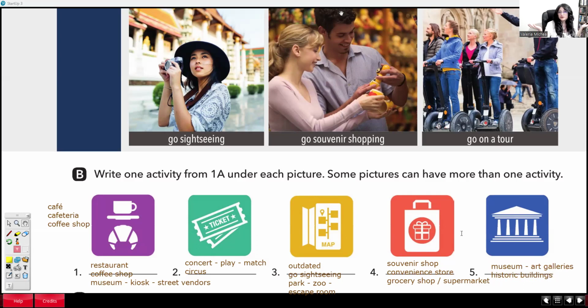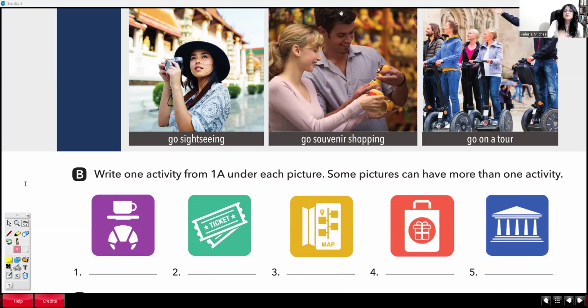Now I need to know if you know how to make an invitation, because that's why we are here tonight, because we need to make invitations and respond to invitations. So, Rodri, since you're here, how do you invite people to do something with you, in English, of course? What would you say if you want to go with someone to the museum tomorrow?